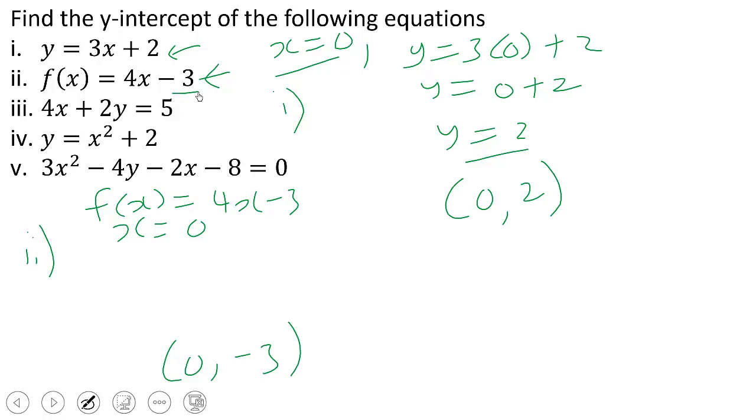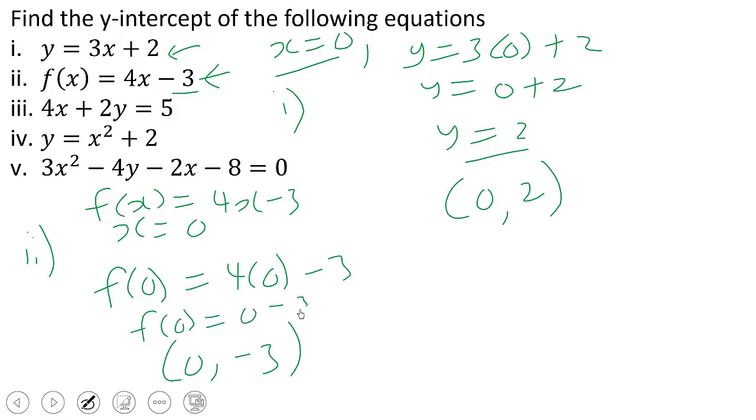But you can still plug in x equals 0 to get f of 0 equals 4 times 0 minus 3. So f of 0 will be equal to 0 minus 3, so f of 0 will be equal to negative 3. So at the y-intercept, x equals 0 and y equals negative 3. This is the y-intercept of this function.